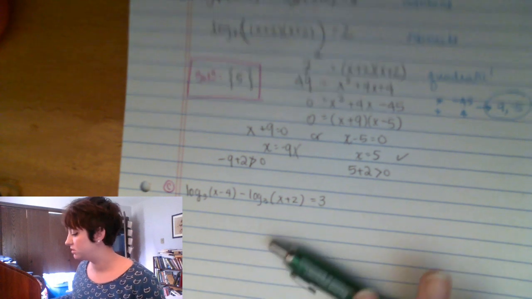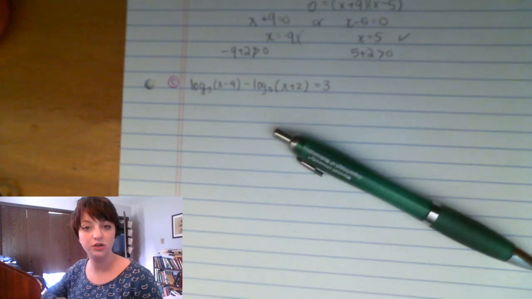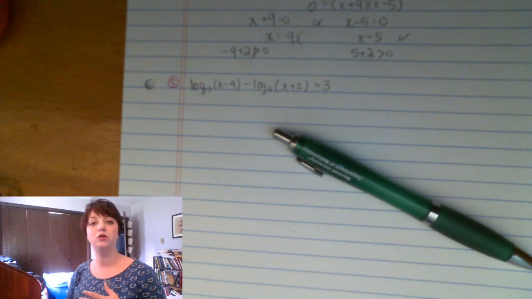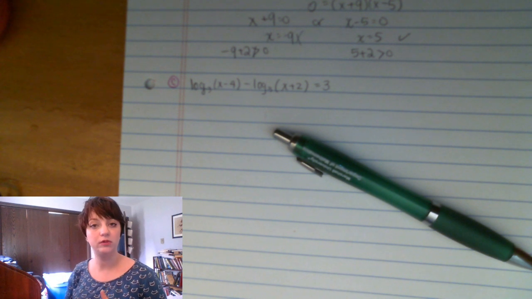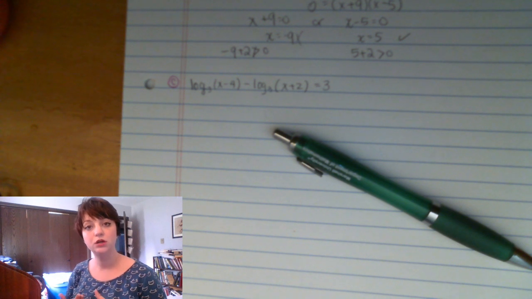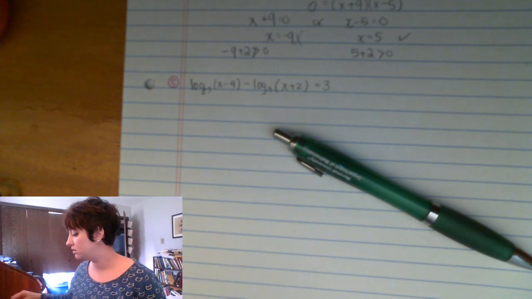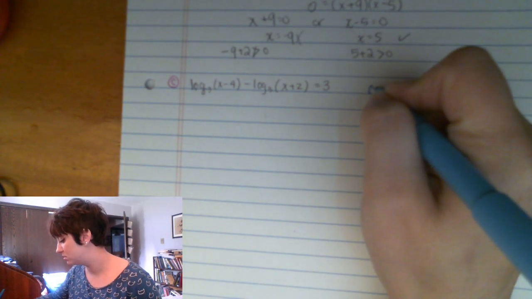All right. The other type is when you're going to have the logs not adding but subtracting. So when they were adding, we had a log of product. When they're subtracting, we're going to have a log of quotient. So this thing we're going to rewrite, or combine, I should say.